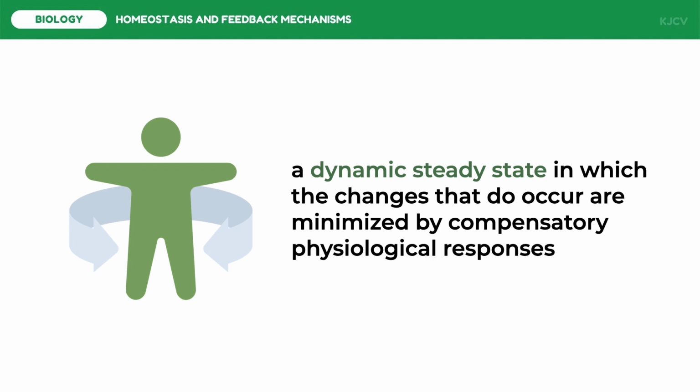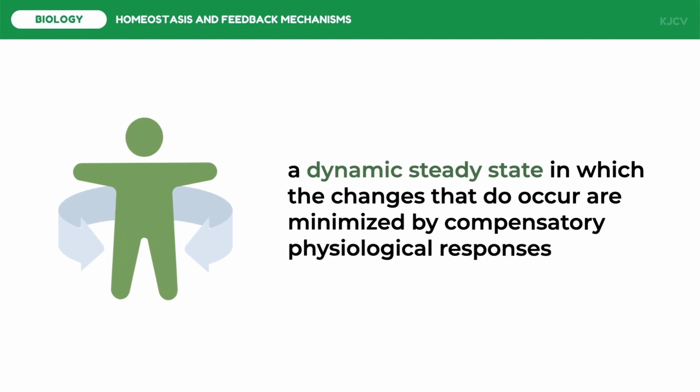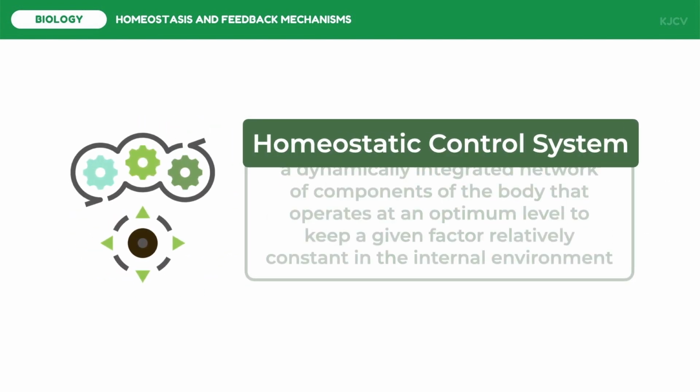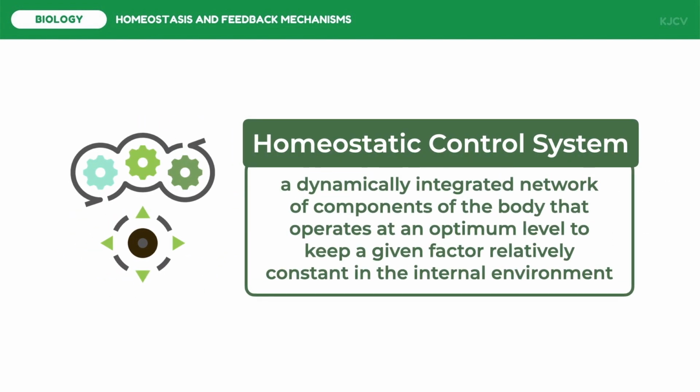To have homeostatic regulation, the body has a homeostatic control system. It is a dynamically integrated network of components of the body that operates at an optimum level to keep a given factor relatively constant in the internal environment. To stabilize the physiological factor being regulated, homeostatic control systems must be able to detect and resist change. To maintain homeostasis, the homeostatic control system must have the following.